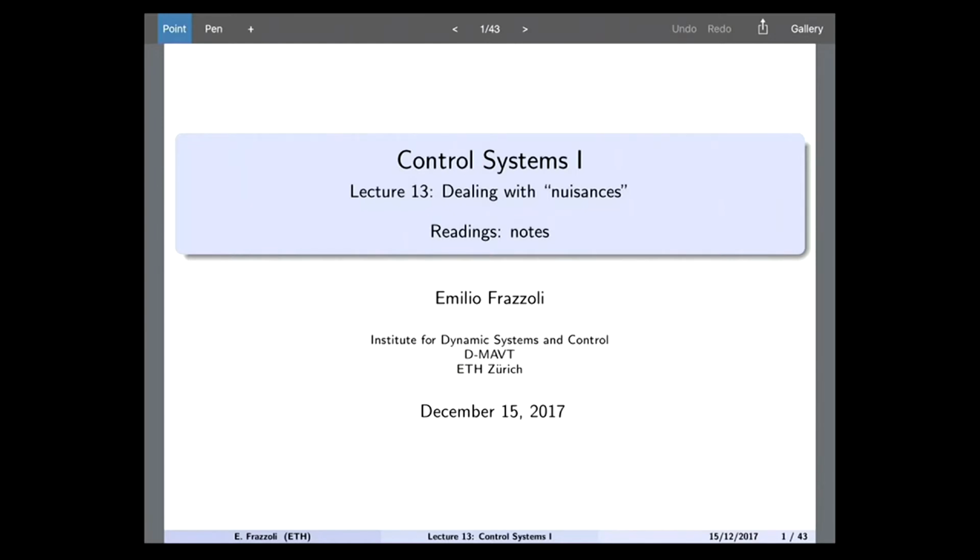What I would like to do today is go over some of the things that happen in reality, but are ignored typically when you do your linear design.